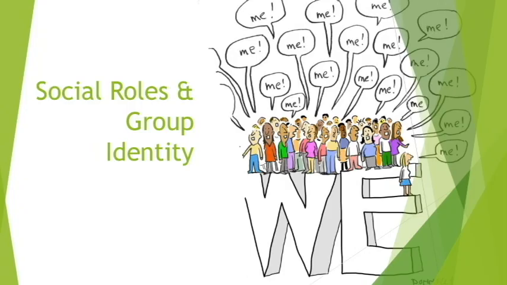So both conformity and obedience are fundamental aspects of human behavior. They're influenced by our desire for social acceptance, the need for accurate information, and our deference to authority.